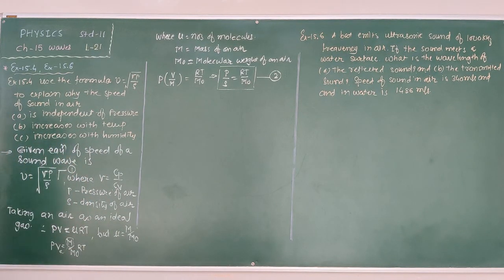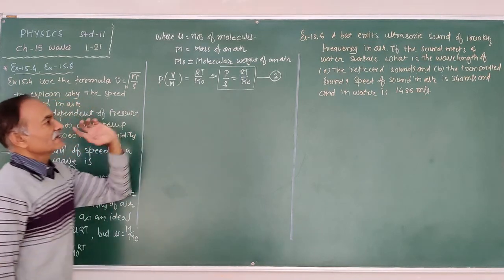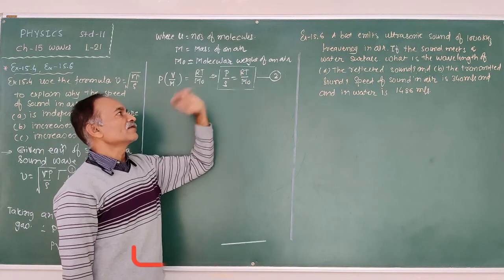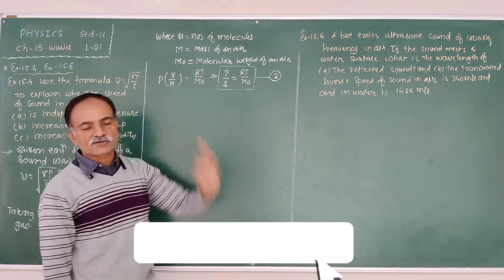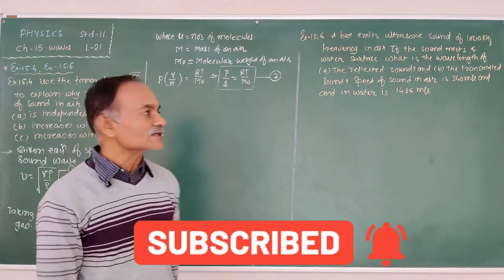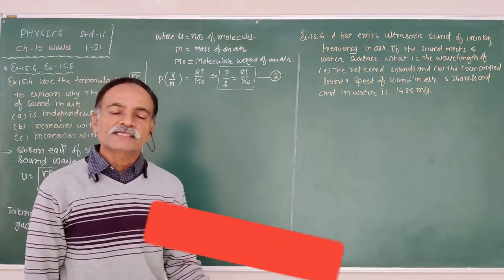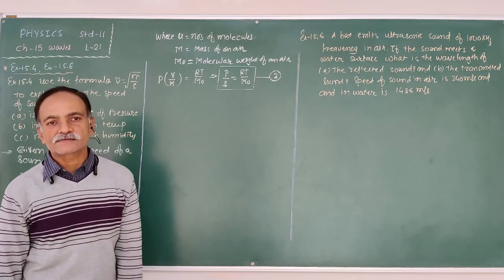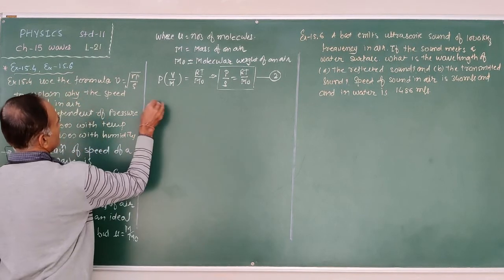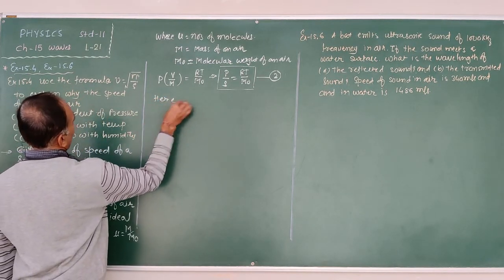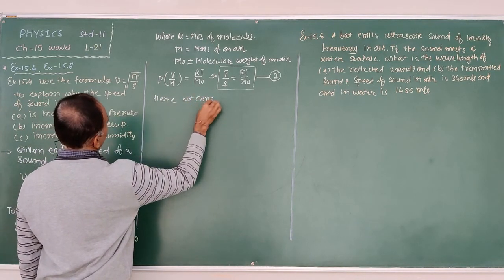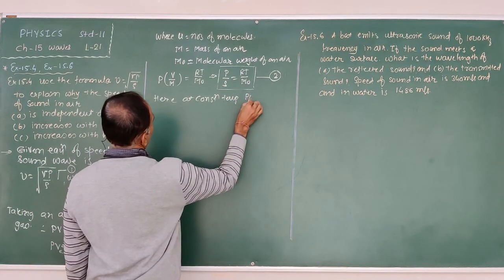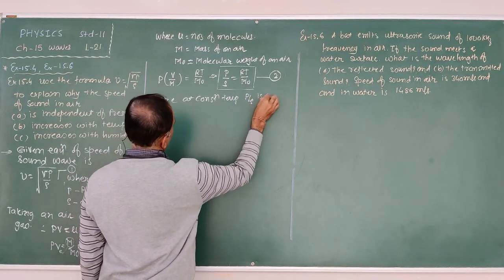Now in this equation, the P upon rho quantity is constant at constant temperature. R is also a universal constant, and M0, the molecular weight of air, is also a constant. So at constant temperature, P upon rho is constant.